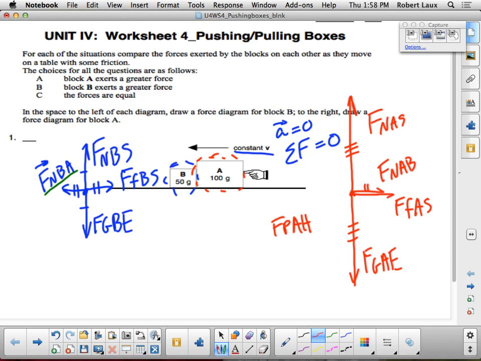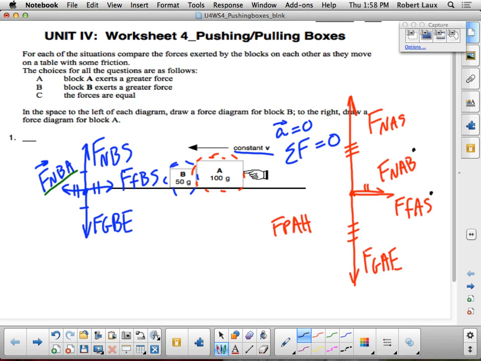But he said, well, force of friction on A by the surface plus force normal on A by B combined together make force of push on A by the hand. So what I'm hearing is you want me to take the length of the force of friction on A by the surface, plus the force normal on A by B, and add them together and extend it out to the other side.